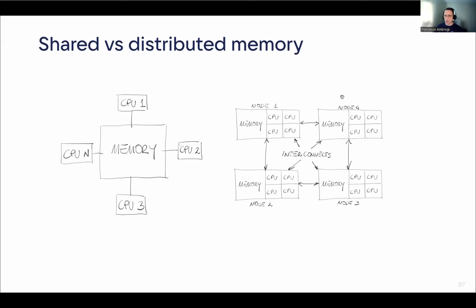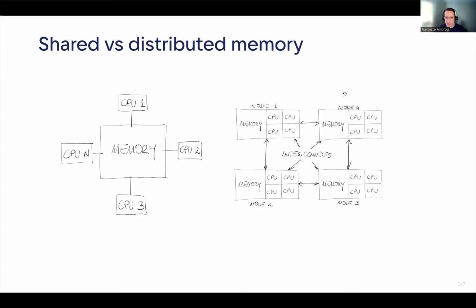First of all, it's very important, and it will be clarified inside this lecture, to understand the distinction between a shared versus a distributed memory architecture. In a shared memory architecture, you have several CPUs that are sharing the same memory. There is a very nice analogy that I'm not going to spoil inside this lecture, so please scroll down and look at it to understand how the shared memory architecture works.